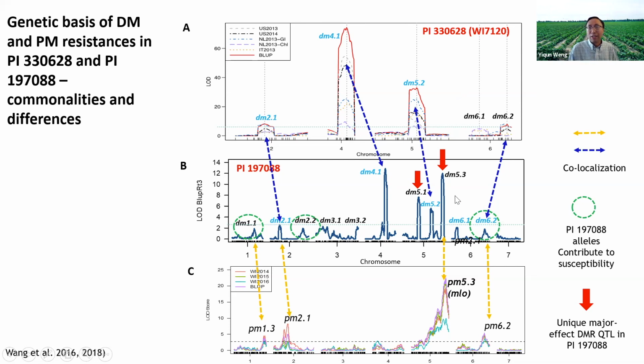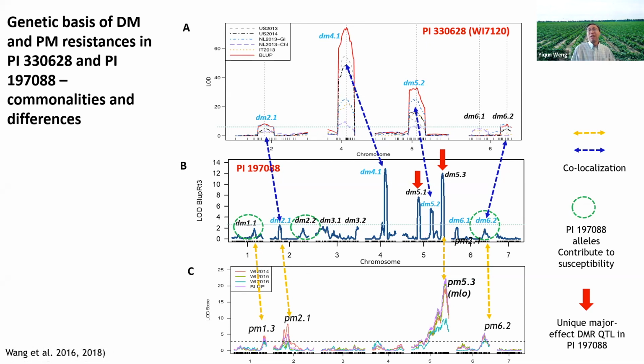So you can see there are fewer QTLs in the 330628. That means from a breeding perspective, this PI line 330628 is probably better than the 7088. And also for downy mildew and powdery mildew in the 7088, you can see the 4 QTLs also co-localized.